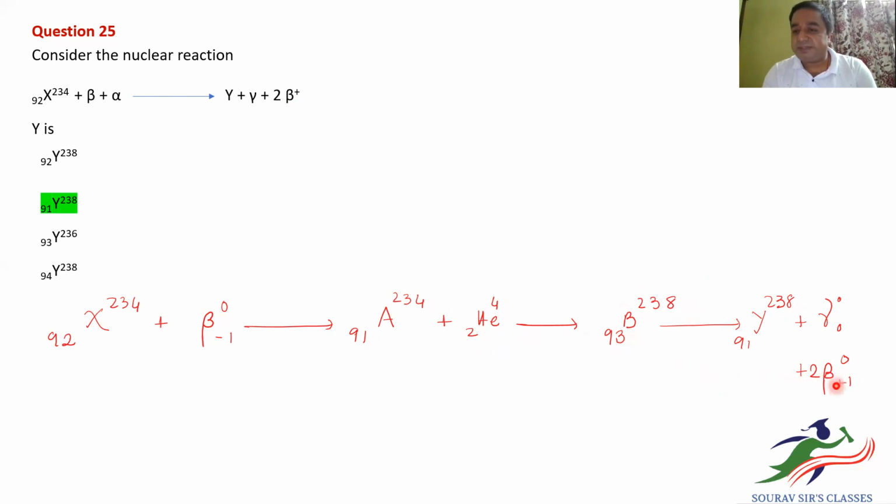That means we have to subtract again 2 units of charge from the atomic number, and because the positron has no mass and the gamma radiation has no charge and no mass, the mass number will not change. So the values we will get for the mass number and the atomic number are 238 and 91 respectively. So our answer will be this.